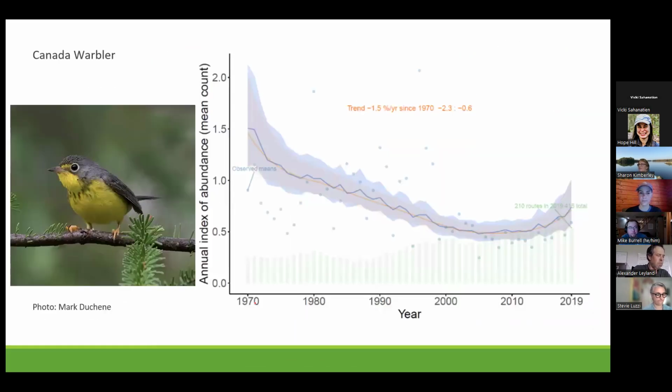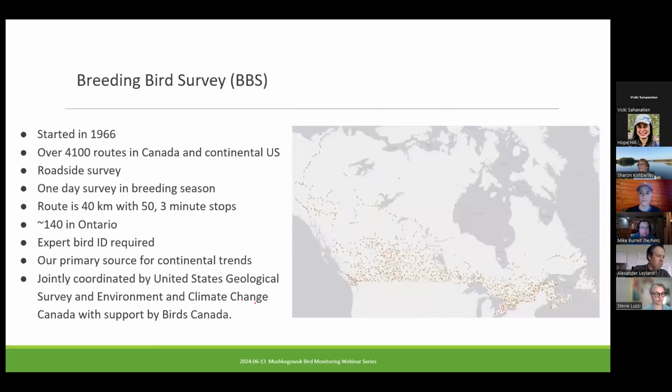Thank you. No problem. Okay, next one is the Breeding Bird Survey, also called BBS. The BBS was started in 1966. There are over 4,100 routes in Canada and the continental US. It's a road-based survey, so you'll notice a very distinct trend of where those routes are shown on this map.